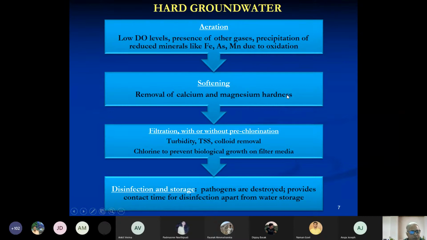There is another very obvious problem associated with hardness, and that is if you use heating elements. For example, right now it's winter and most of you must be using either water heaters or hot rods for heating your bath water and so on, right? So what happens in that case?